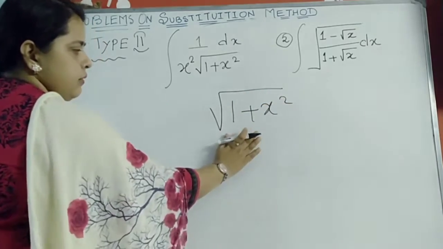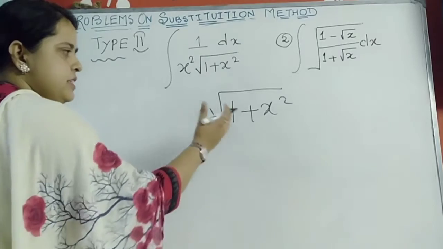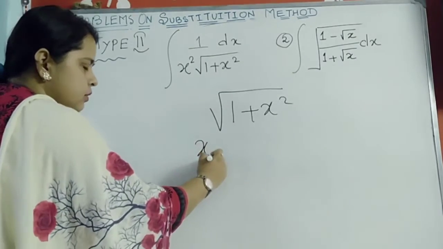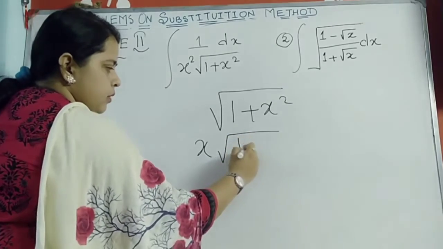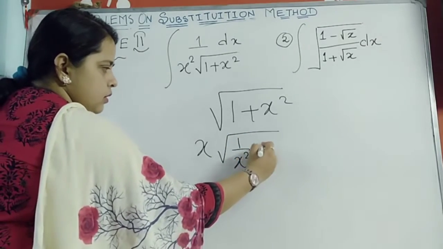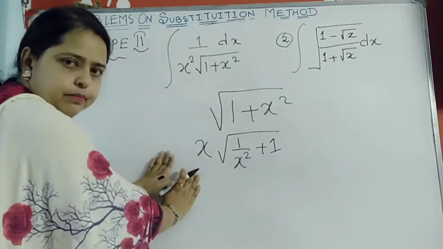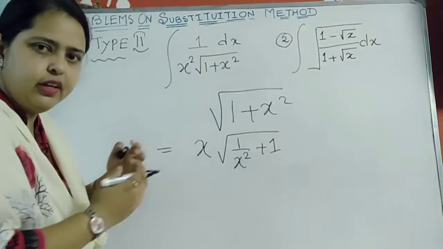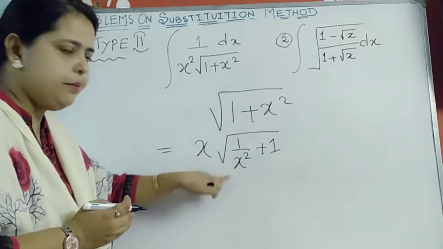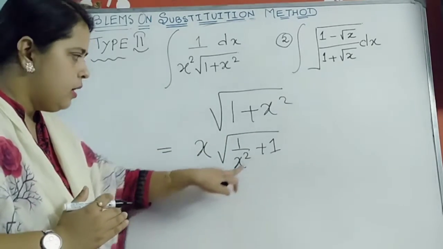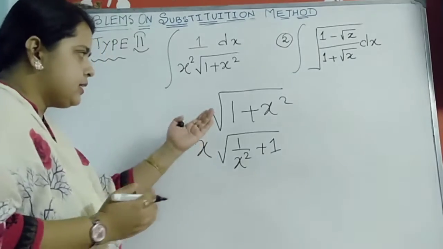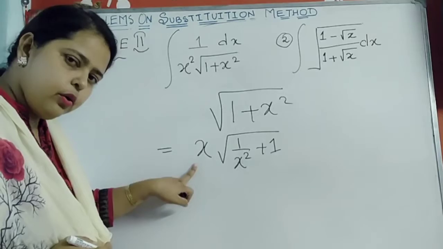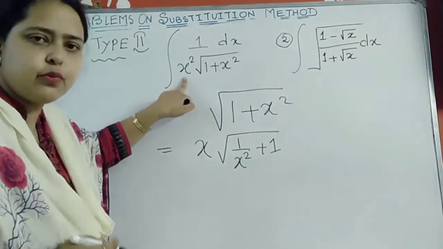See, if I extract x square from this, it will come out like this. Is this clear? X square is actually common, so that's why it became 1 by x square plus 1. But when it is coming out of a root, it becomes x. One more x square is there.